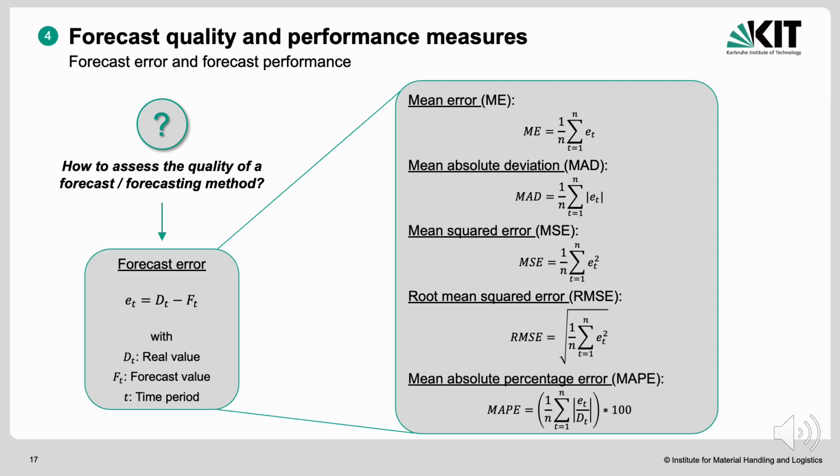Or we can take the mean absolute percentage error. So the mean absolute deviation is related to the absolute amount of demand that has happened. A deviation of 10 is severe if the absolute value was 10, and it is maybe a pretty good forecast if the absolute value was 10,000.